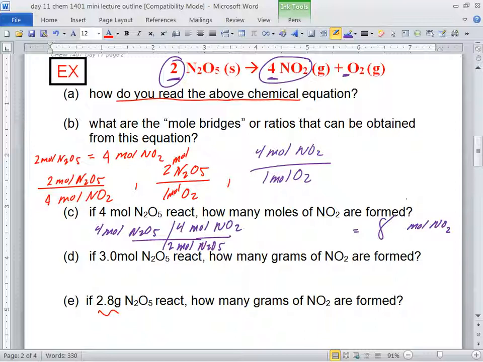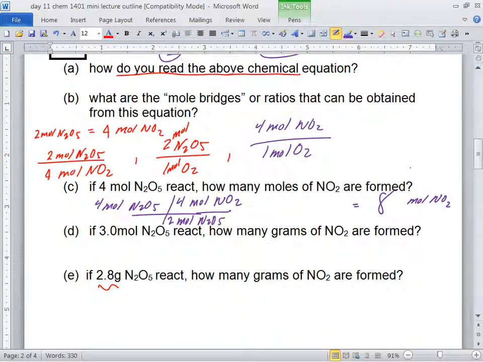Okay. How about this next one, Alyssa? 3 moles of dinitrogen pentoxide react. How many grams of NO2 are formed? So if you want to do this whole box dimensional analysis thing, where would you start? Yes, 3 moles of dinitrogen pentoxide. Draw our box, right?